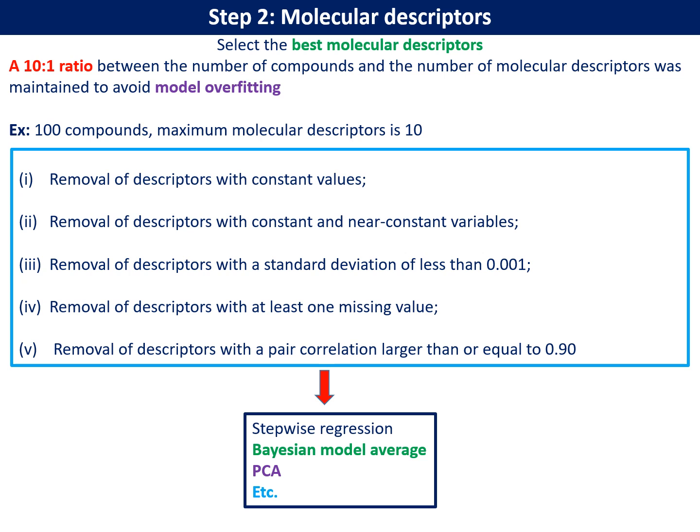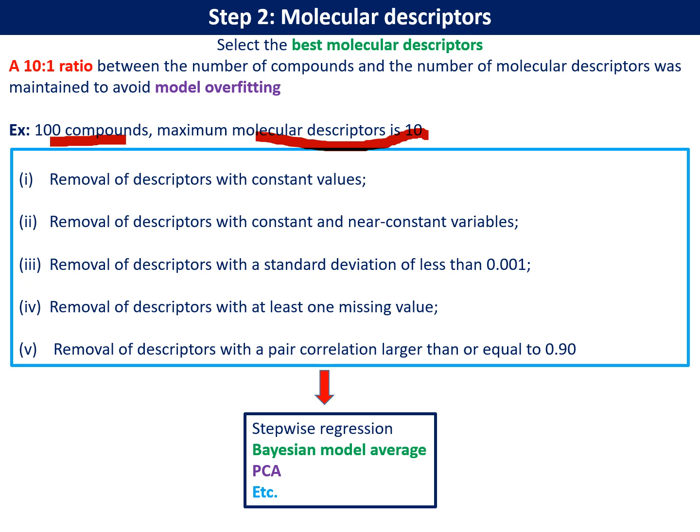Next one is very important: how to select the best molecular descriptors, because we cannot use 2000 molecular descriptors. We need to select the best ones. Here we have the rules. We need to select with the ratio 10:1. It means that if you have 100 compounds, the maximum number of molecular descriptors is only 10. This is the process to remove the redundant molecular descriptors.